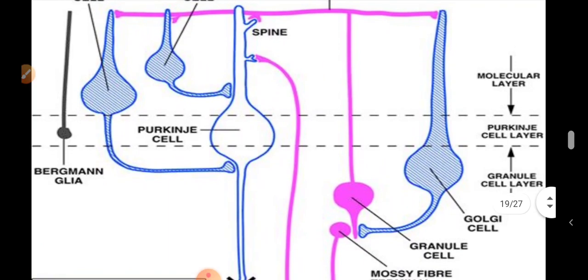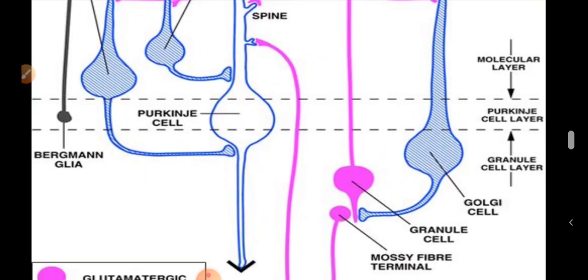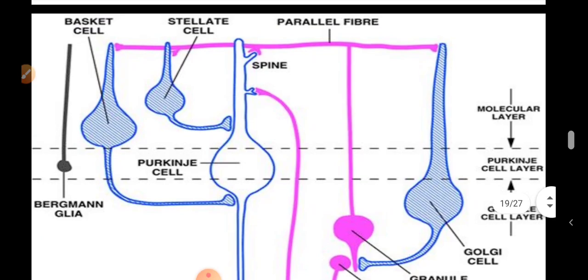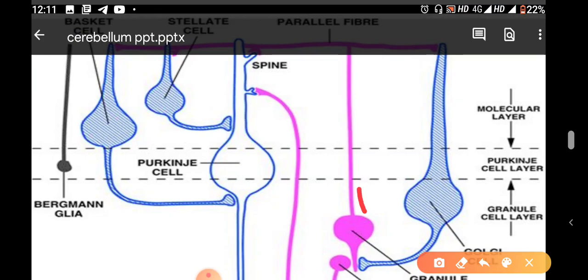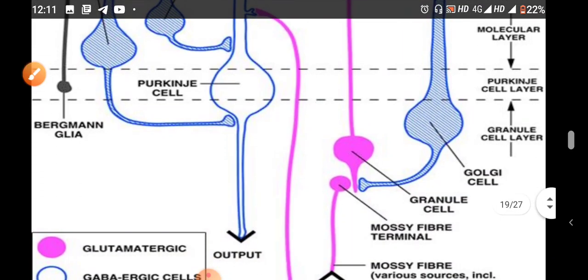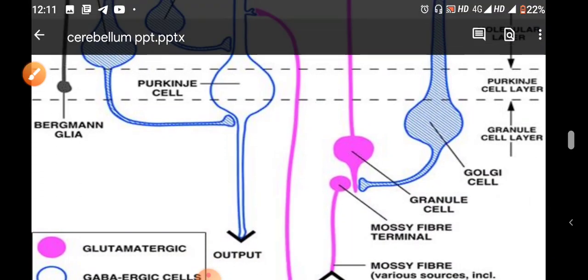So you can see the mossy fibers stimulate the granule cells, and these are the parallel fibers of granule cells, you can see here, and again they stimulate the Golgi cells, but the Golgi cells will again inhibit this granule cell.